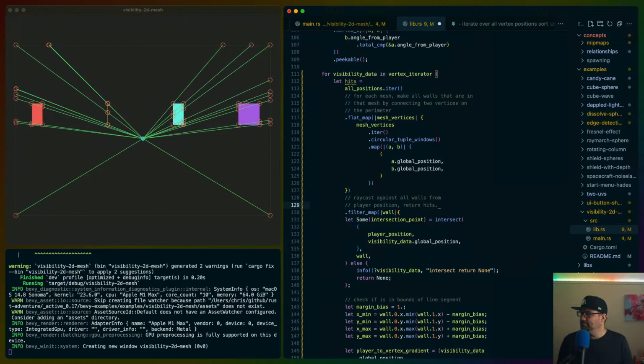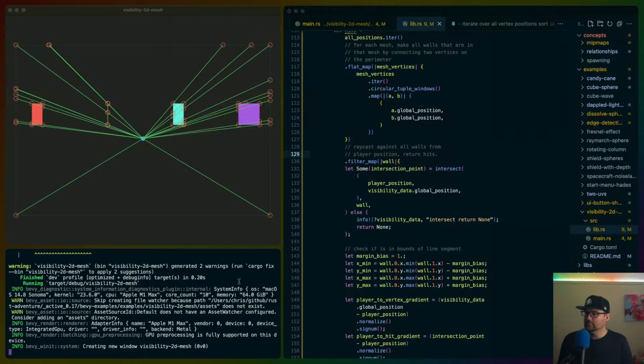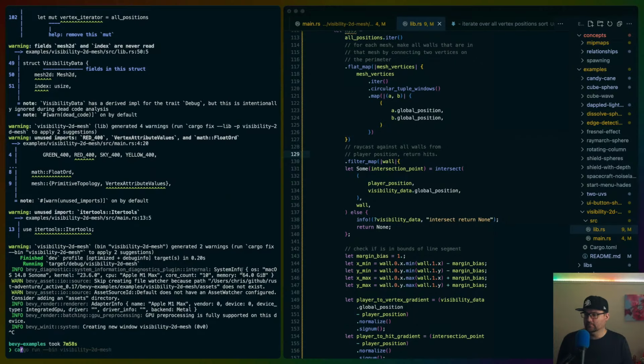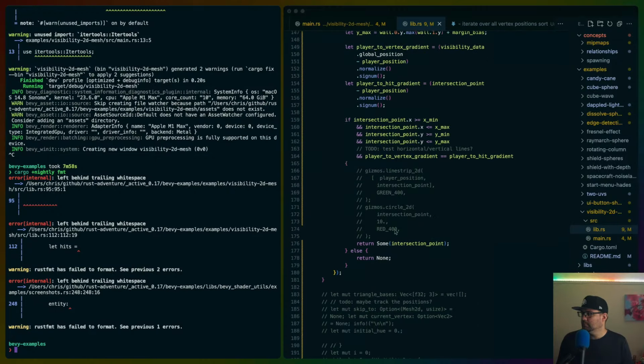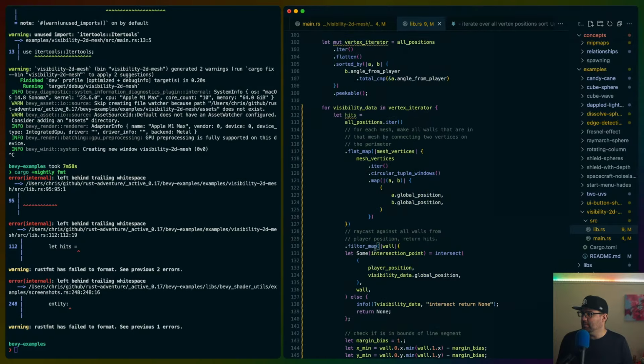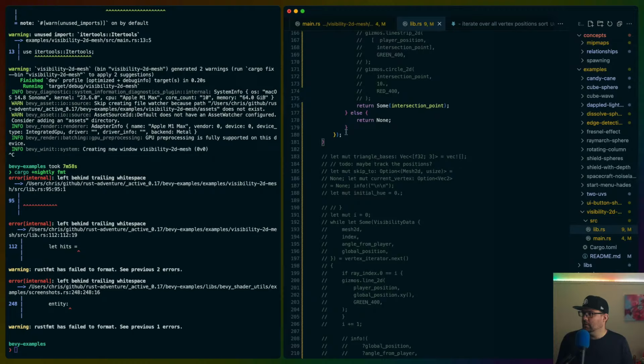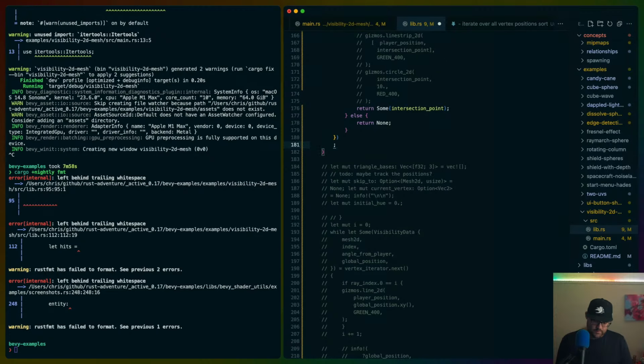Return hits. So we have hits here in this iterator. So we do min by AB.